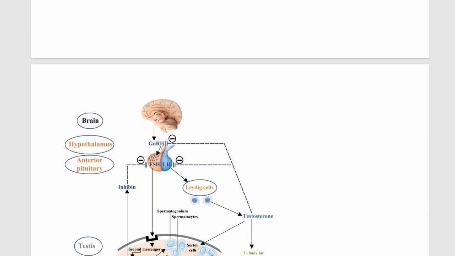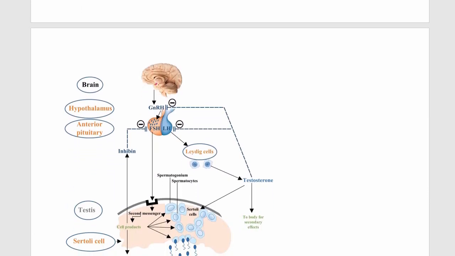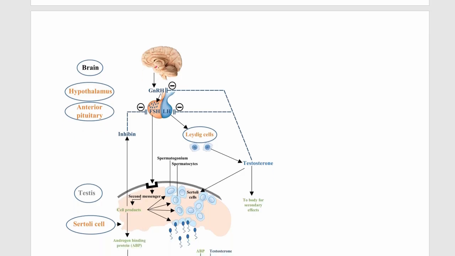So Leydig cells respond to luteinizing hormone. So these end up then producing testosterone. So testosterone is, well, I think most of us know, development and maintenance of male reproductive tissue and secondary sexual characteristics.